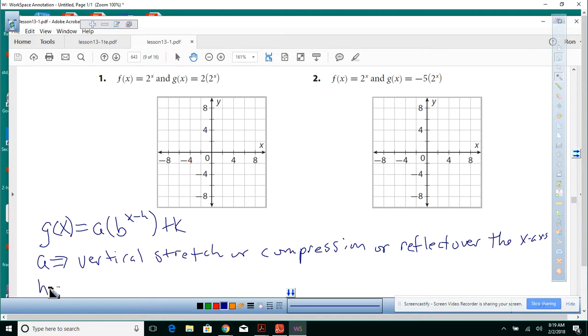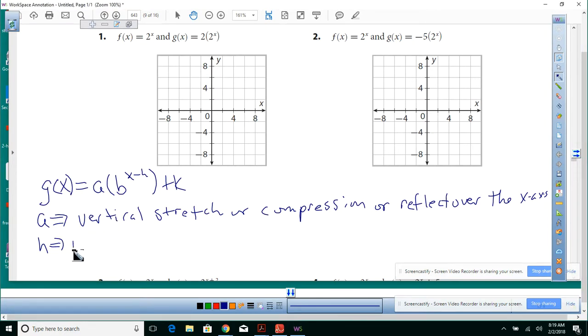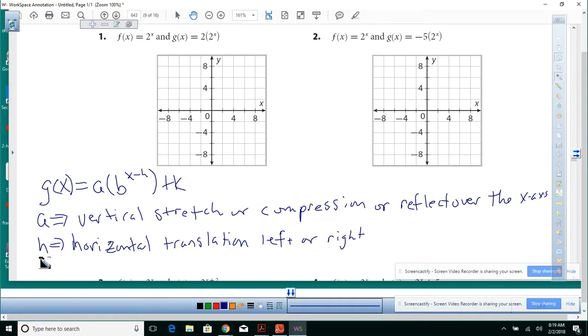What about h? What does h do? H is the horizontal translation left or right, and then k is the vertical translation up or down.